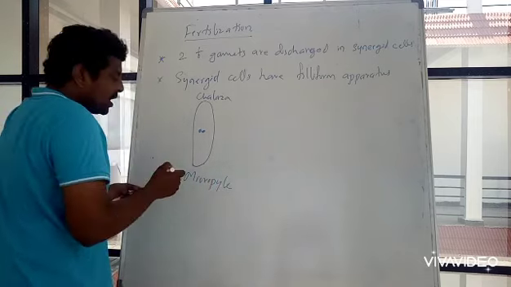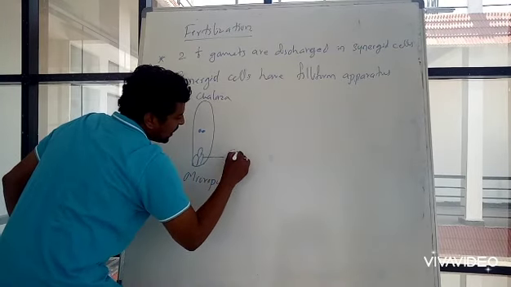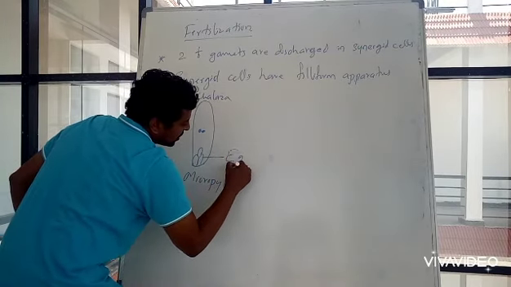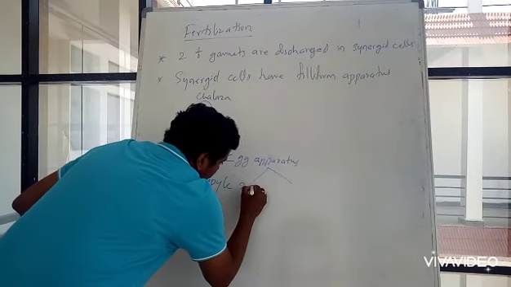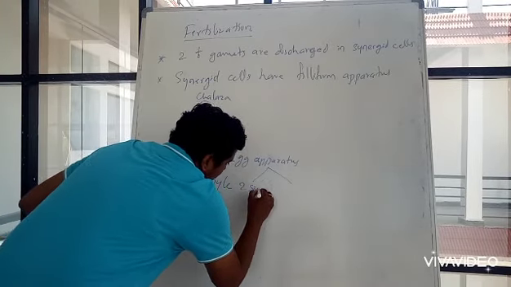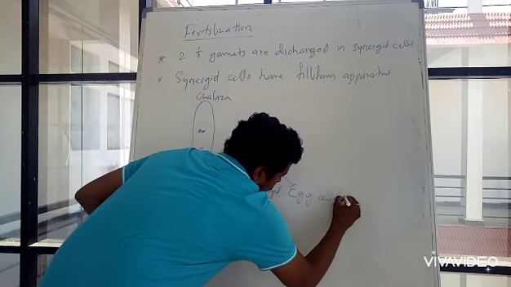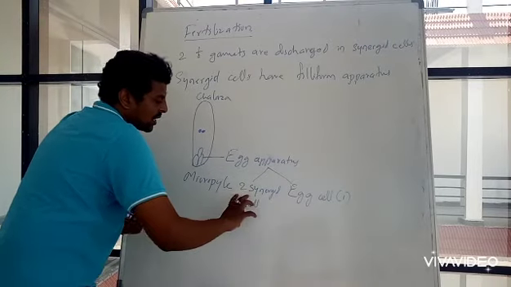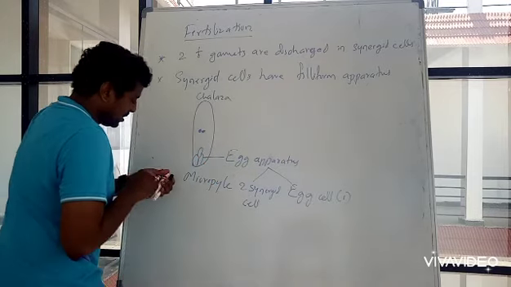And on the micropyle end, a three-cell structure will be there. We will call it the egg apparatus. In the egg apparatus, two cells are synergids and one is the egg cell.